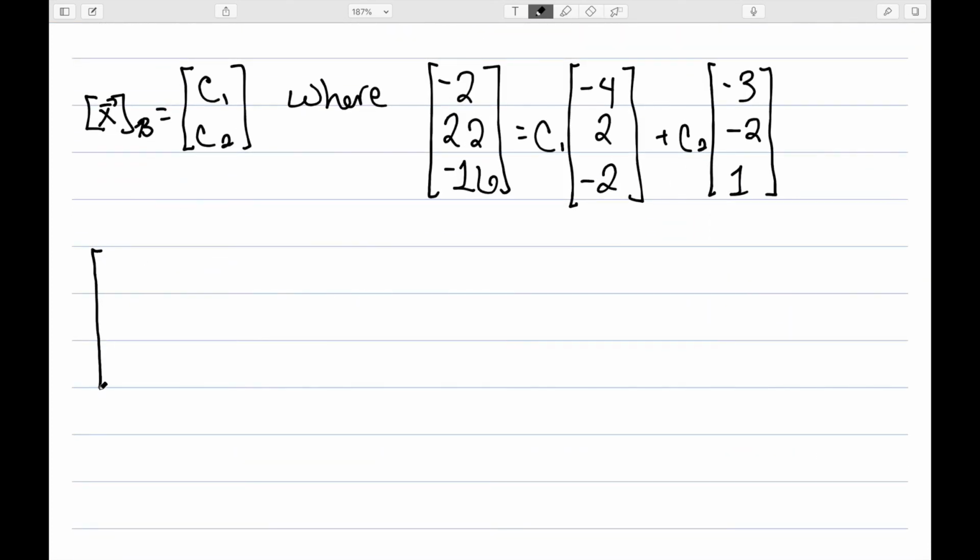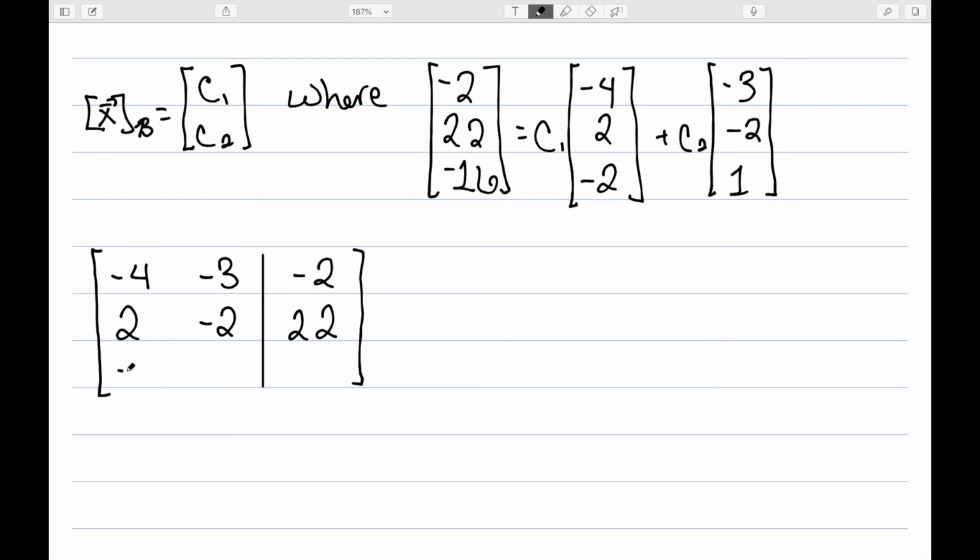So I'm going to set this up in a matrix. We would have -4, -3, and then on the right of the augmented column, -2. The second row would be a 2, a -2, and a 22. And then a -2, 1, and -16.